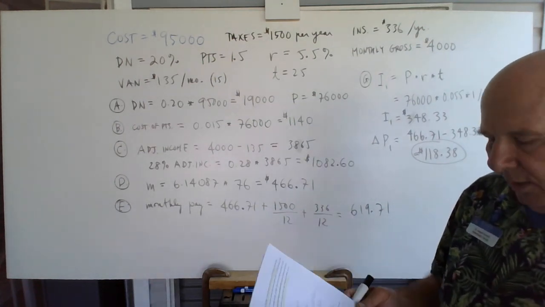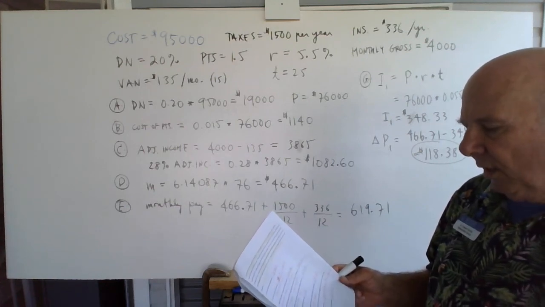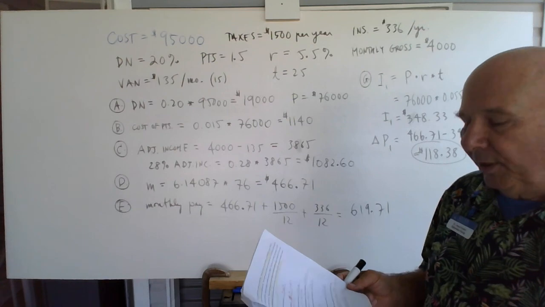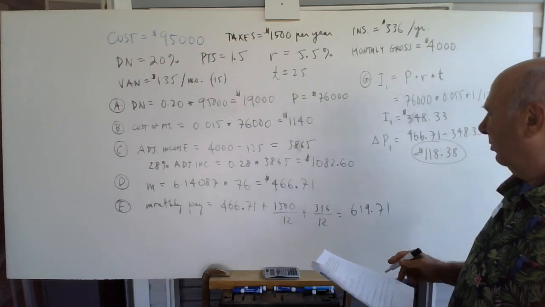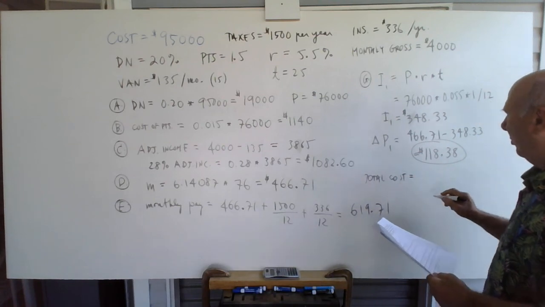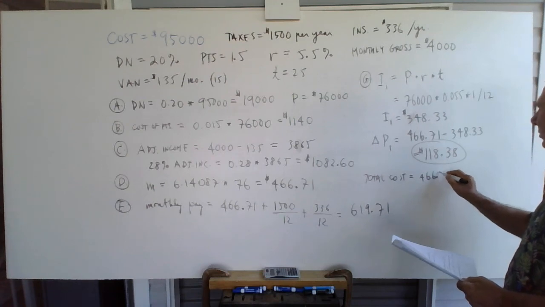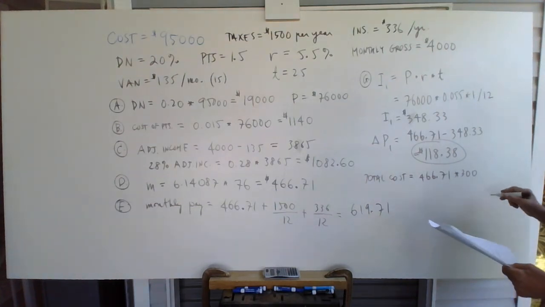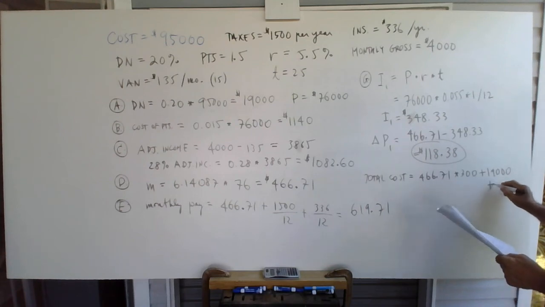Okay. What's the total amount she'll pay for the condo with this mortgage? Now that doesn't include the taxes and the insurance. This is just P&I. So once again, the total cost to her will be the monthly payment for P&I, $466.71 times 300, plus the down payment, plus the points.